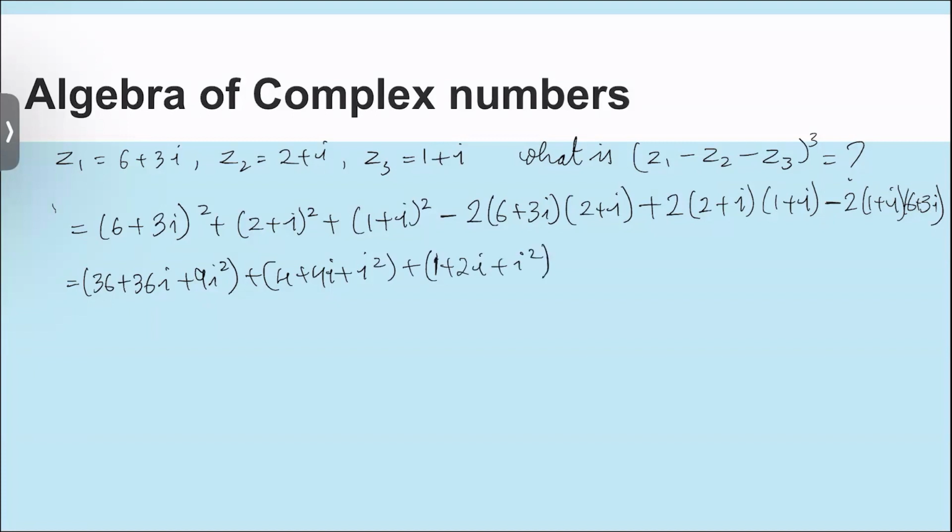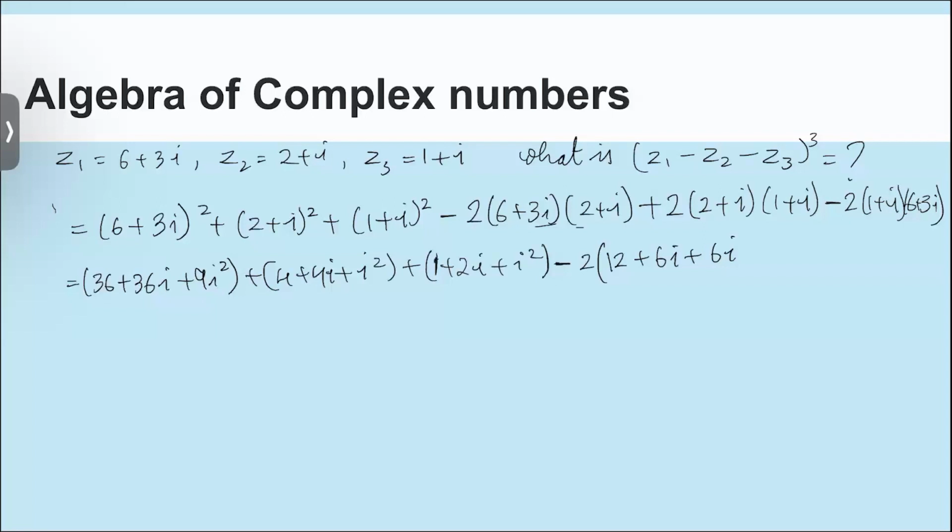And then you multiply these two complex numbers and you get 12 plus 6i, 6i plus 3i squared.